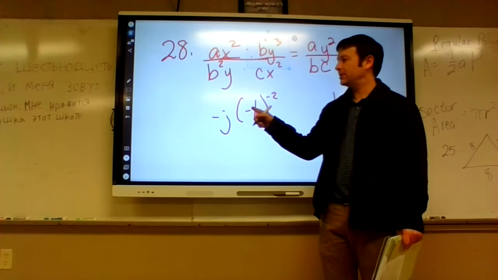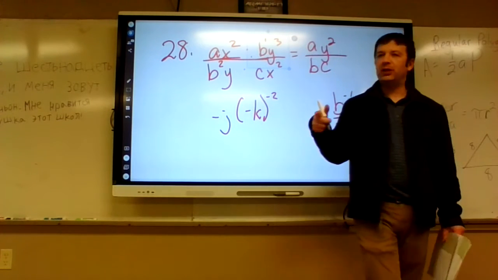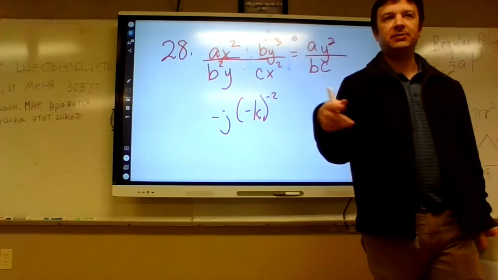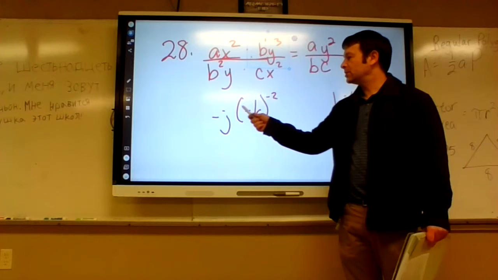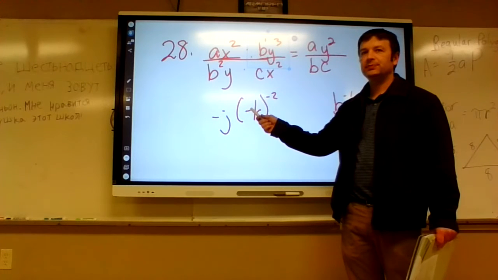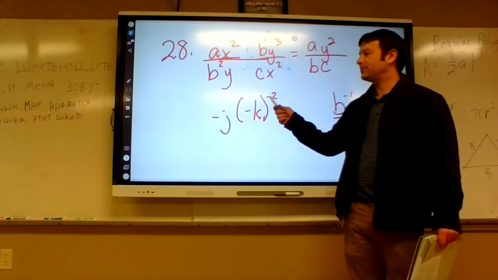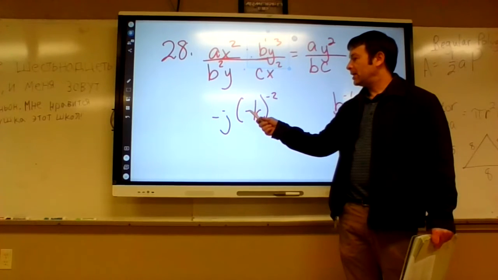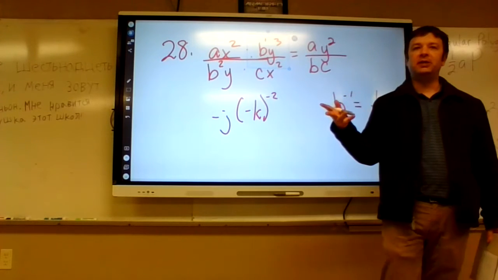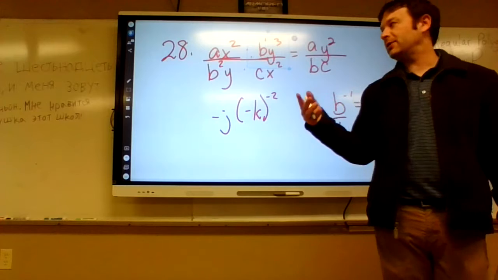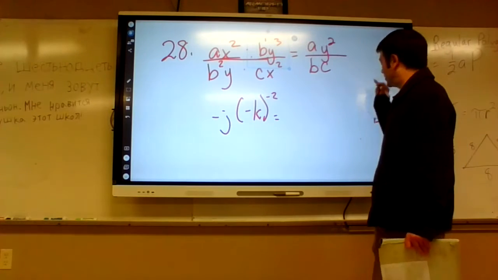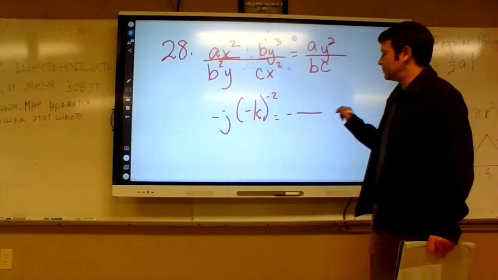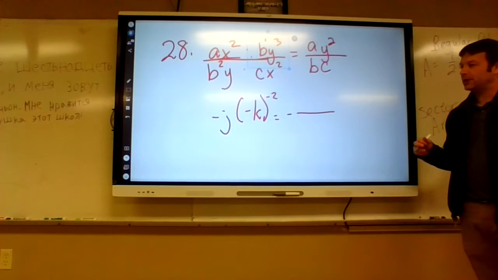Negative k squared is negative k times negative k, so really this represents 3 negatives. I'm not talking about negative exponents, I'm talking about this. Three negatives multiplied together make a negative, so you just put a negative out in front and forget about the negatives after that.